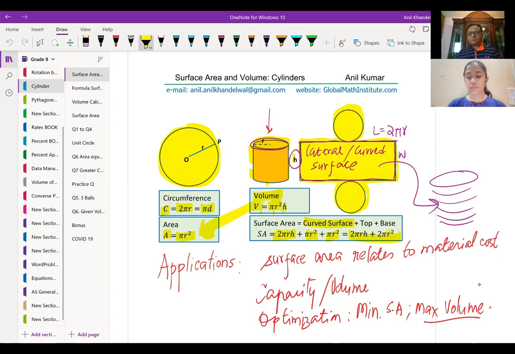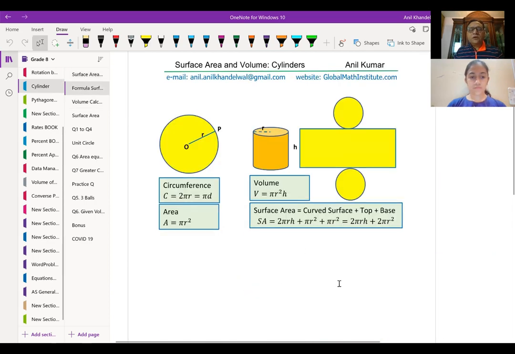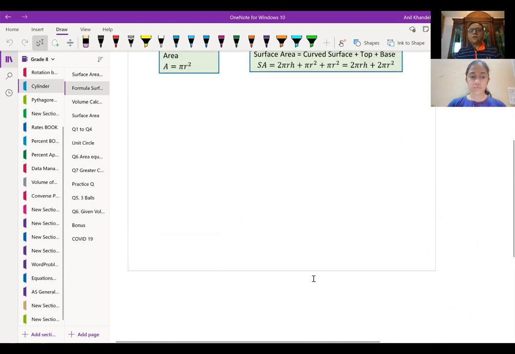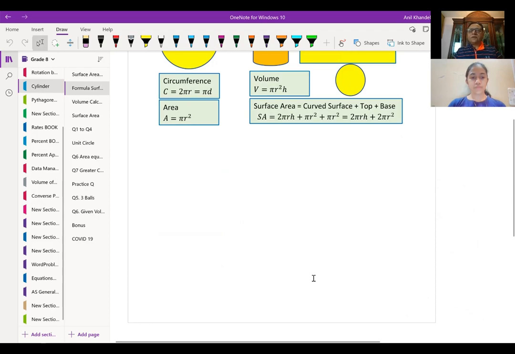Before we really get into the cylinder, I think it's good practice to talk about the rectangle and rectangular based 3D figures. So I will discuss rectangular based figures first, and then we'll get to the cylinder.